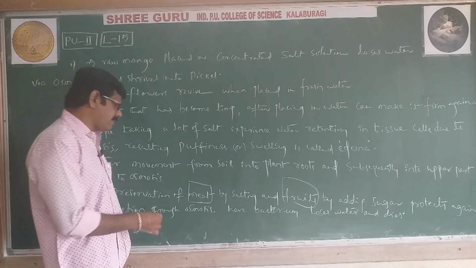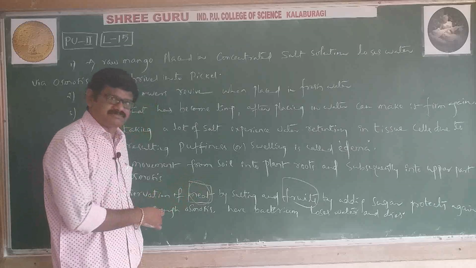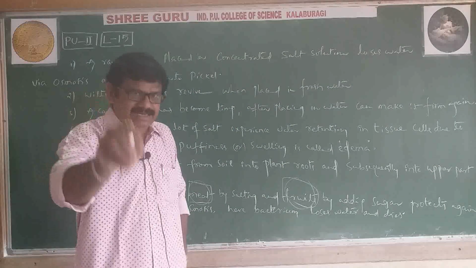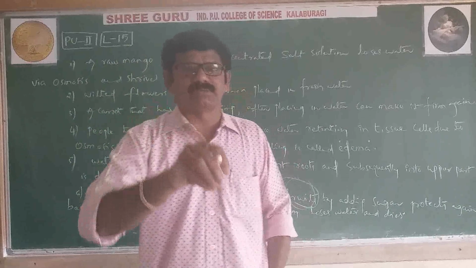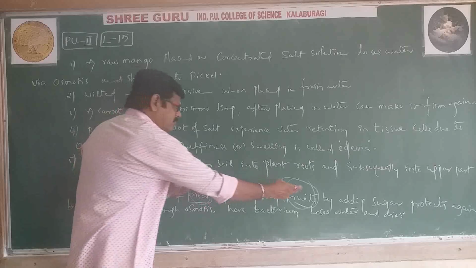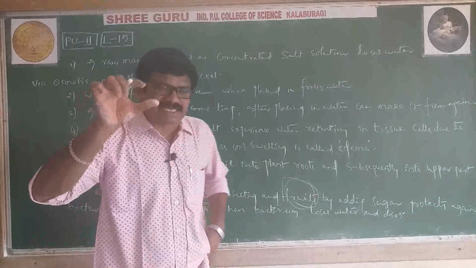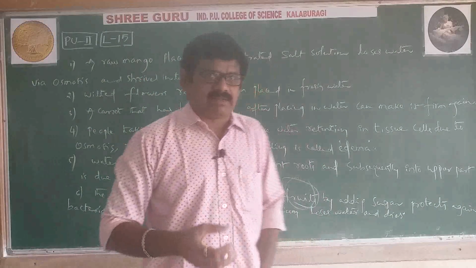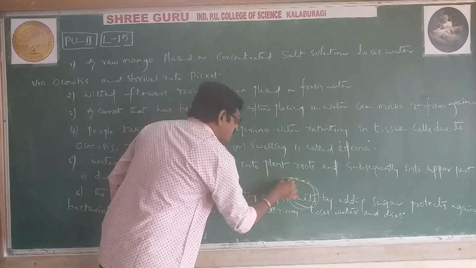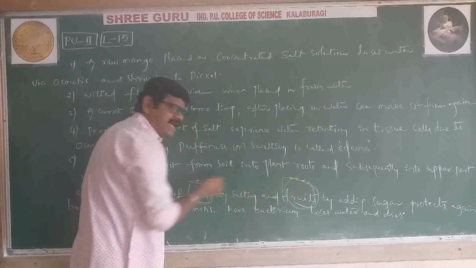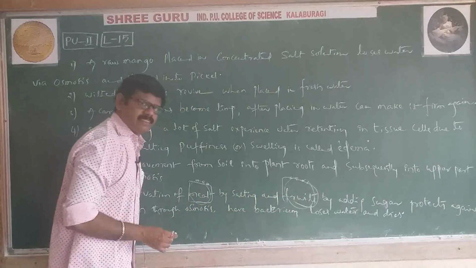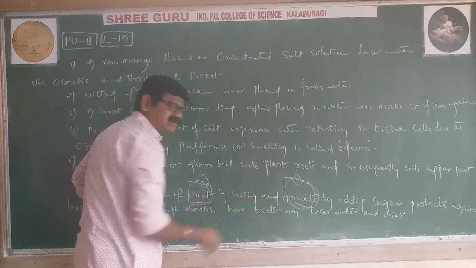When we add some salt to meat and some sugar to fruits, and bacteria attack those substances, these are more concentrated, while the liquid inside the bacteria is less concentrated. When bacteria attack these substances, they are more concentrated and our bacterial liquid is less concentrated.